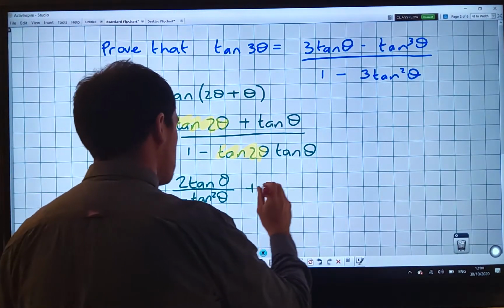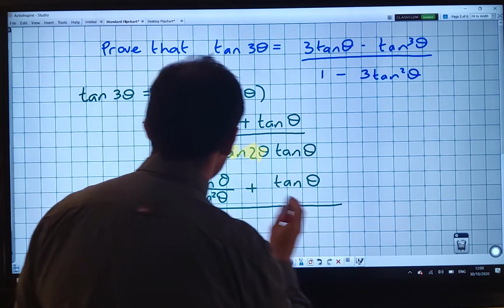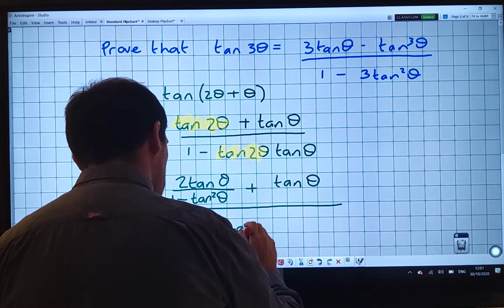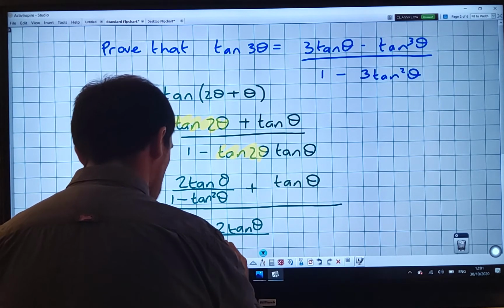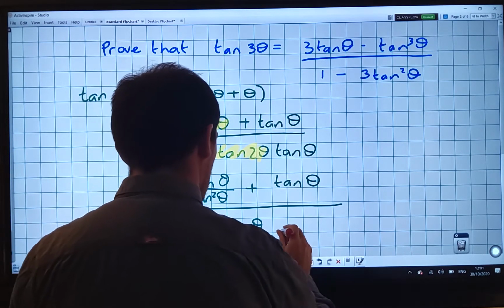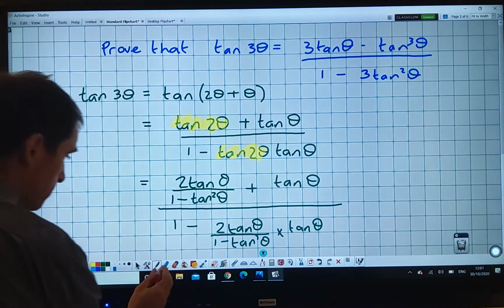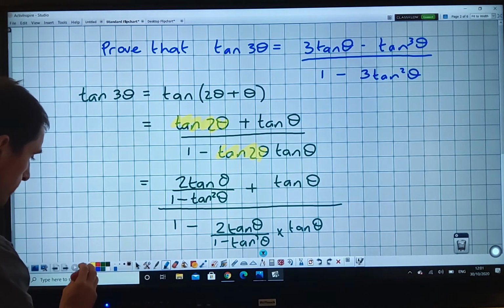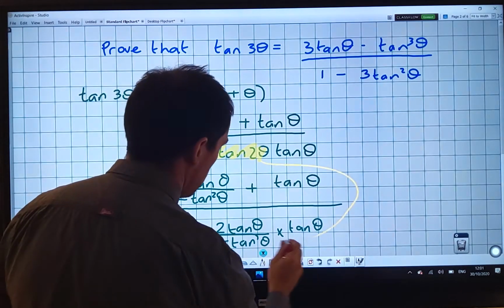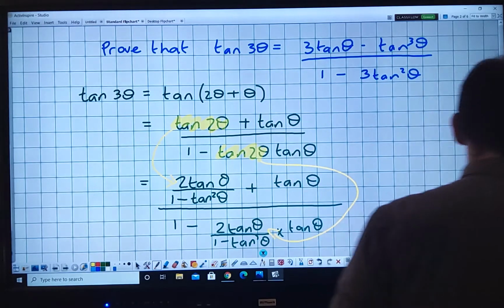Okay, plus tan theta, and that's going to be all over 1 minus 2 tan theta over 1 minus tan squared theta times tan theta. So in effect what I've done is I've taken this tan theta here and replaced it with that, and taken that there and replaced it with that. Okay, to leave me with my next line.